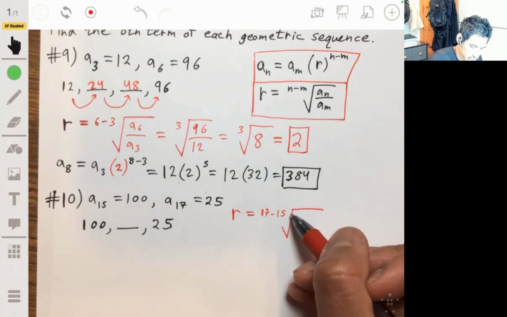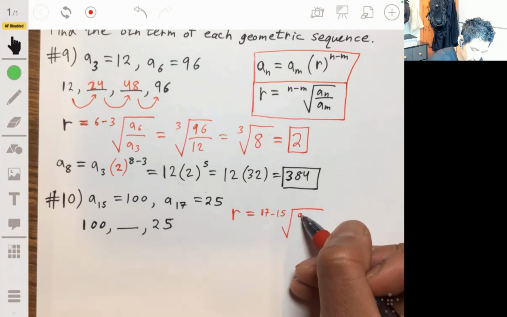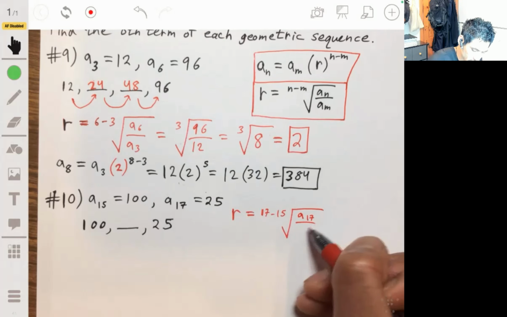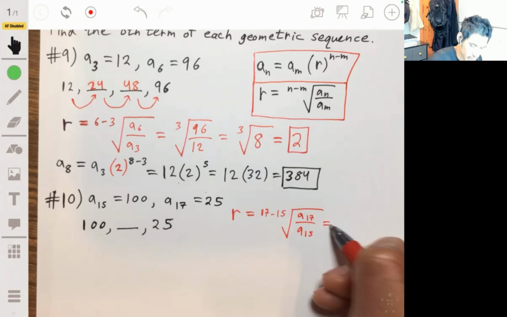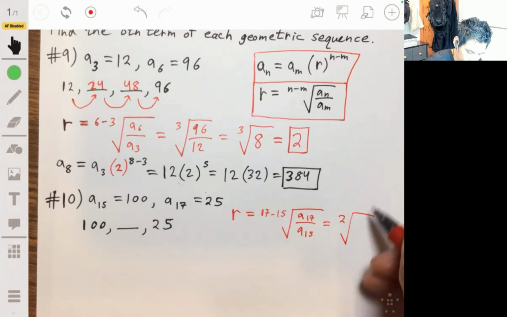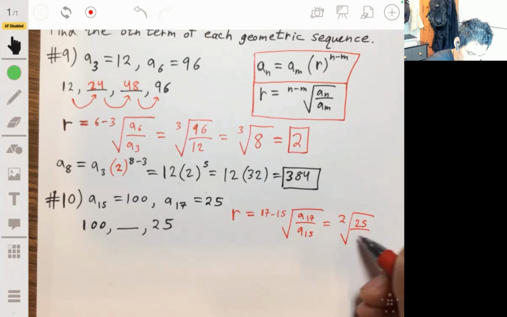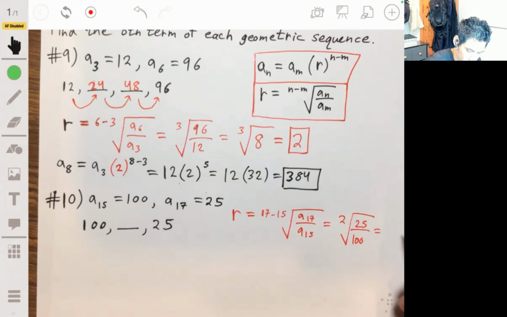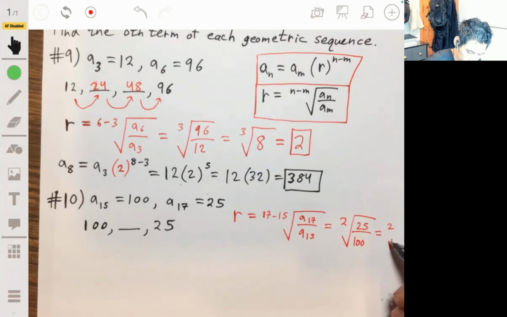So the 17 minus 15th root of a17 over a15, which is the second root of 25 over 100, or the second root of 1/4.